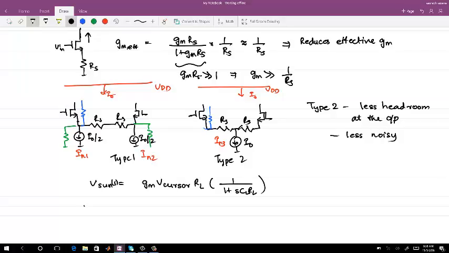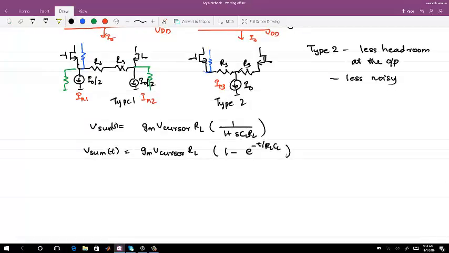Okay. So in time domain, you have V sum of t. Now I'm considering only 1 bit period in this case, because from bit to bit period, your IDFE changes depending on the bit pattern, right? So this is equal to 1 minus e power minus t by RLCL. Now this value should be equal to, as we have seen, let's say delta V for comparator at the end of 1 bit period, t bit.